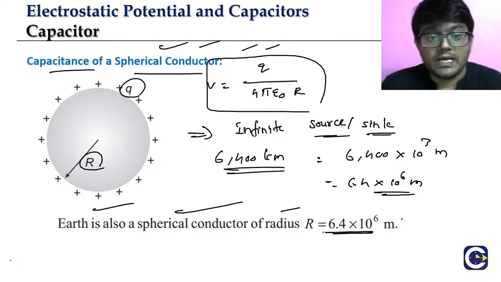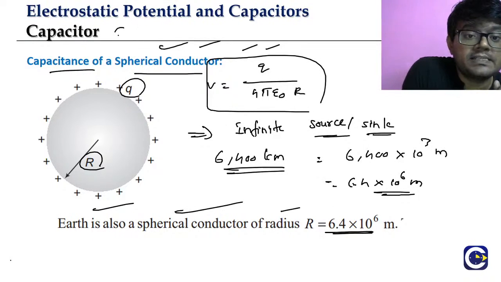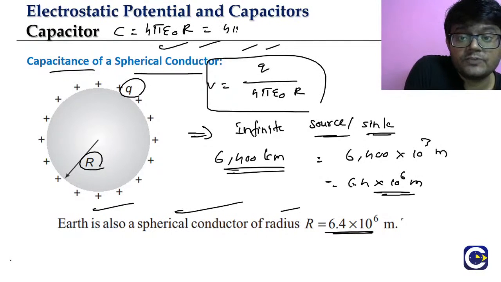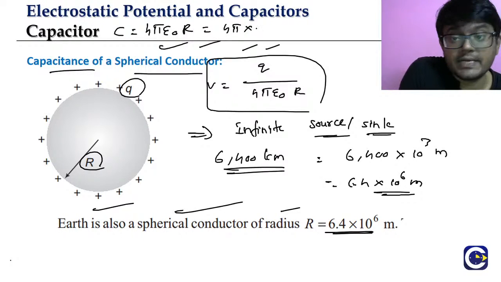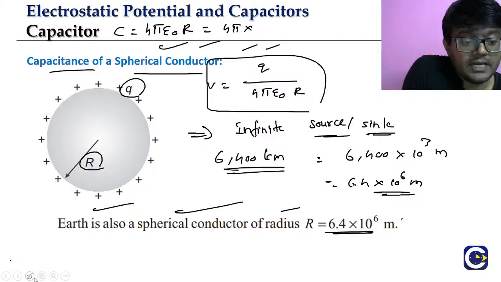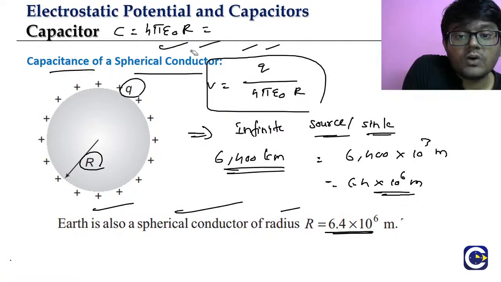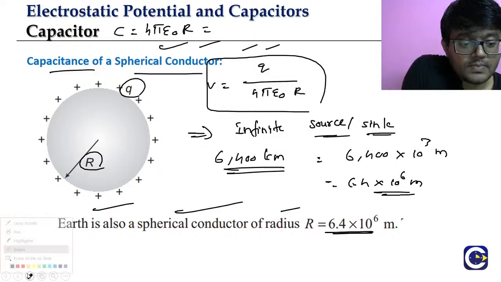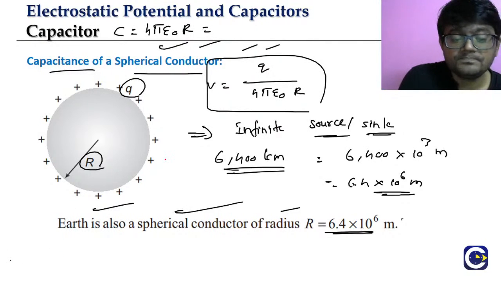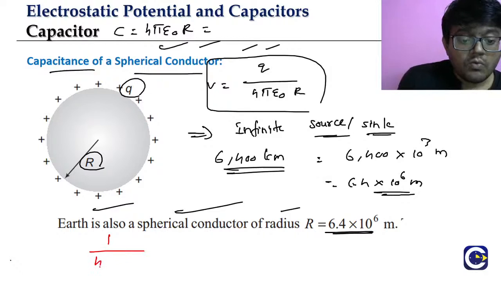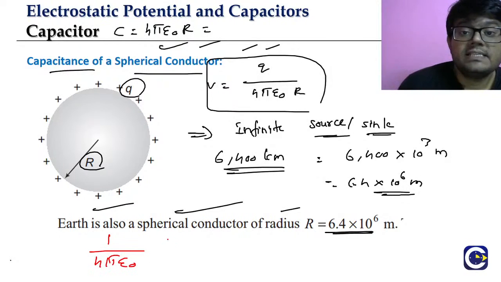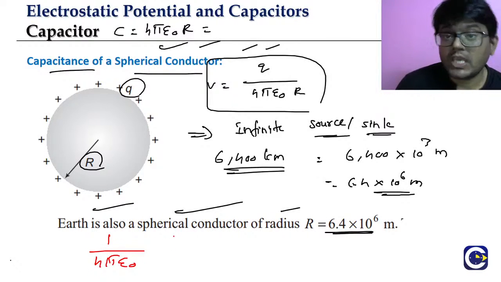If we substitute, what is the formula for the capacitance of a spherical conductor? 4 pi epsilon naught into r. Do we have the value of 4 pi epsilon naught? Otherwise we can do this: 1 by 4 pi epsilon naught is the k value in vacuum or free space.